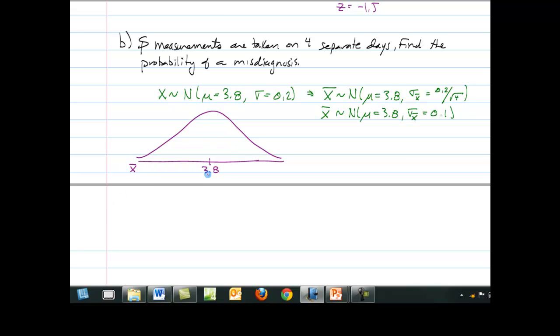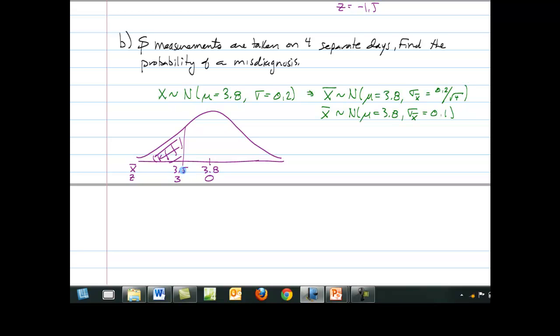Now when I talk about the distribution to the left of 3.5 being shaded right here, it's not as many standard deviations away. So when I standardize this, again the mean standardizes to 0. The distance between 3.5 and 3.8 hasn't changed. That's still 0.3. But now instead of dividing by 0.2, I divide by 0.1. So when I divide this out, I get 3.